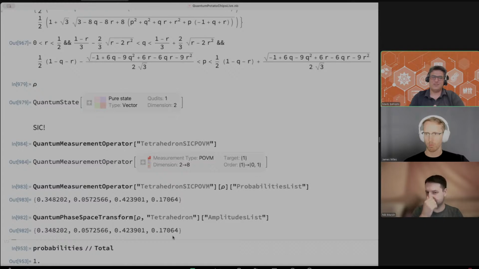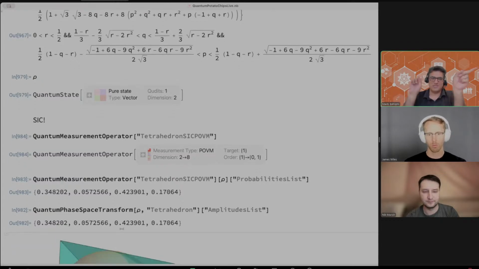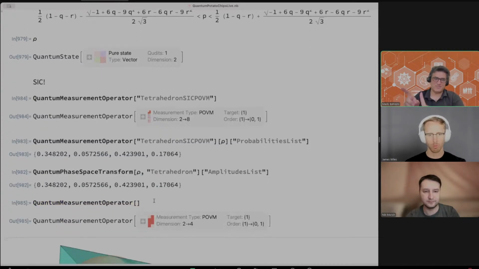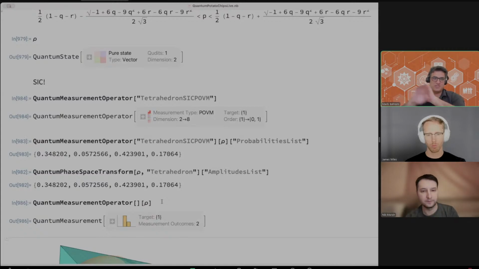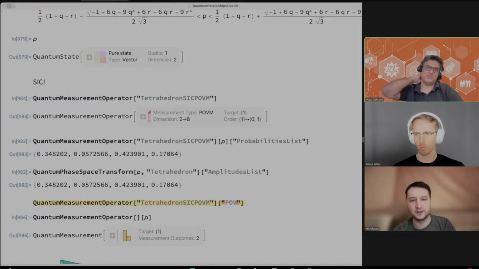One thing is that people who know quantum, whenever they think about measurement, always have projective measurement in their minds, which means the states that we have are orthogonal. Keep that in mind: when we talk about these POVMs, the corresponding states are not orthogonal. So it's a completely different picture. We can actually show them, right? Yes, let's show the states in the Bloch sphere, just to clarify that.